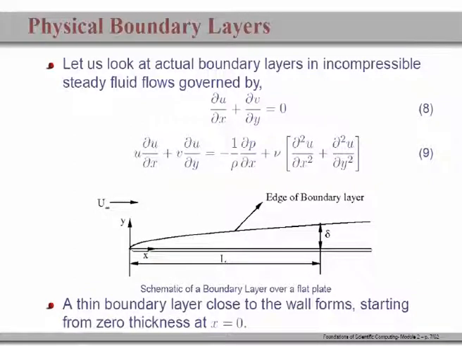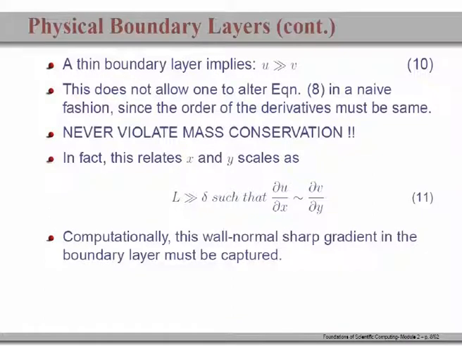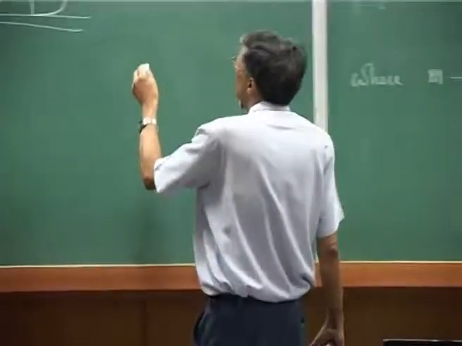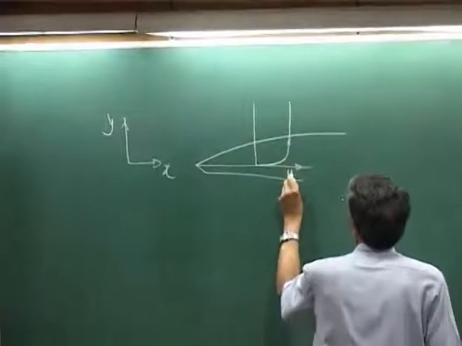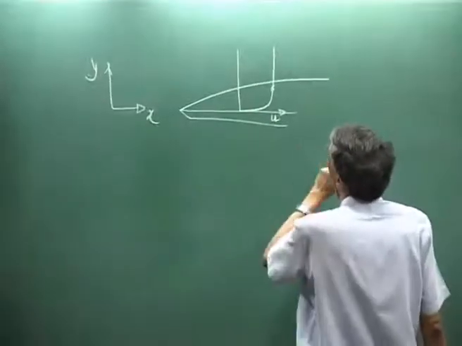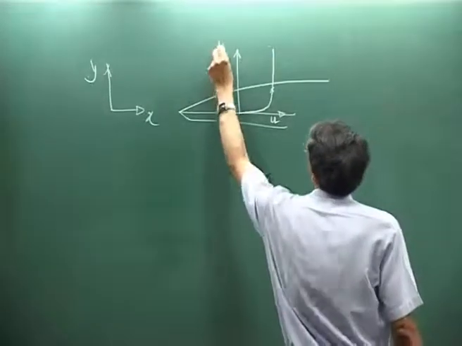Let us look at what happens to a simple flow like this. We notice that a thin boundary layer is growing near the wall, which has zero thickness at the leading edge of the plate. The thinness of the boundary layer implies that if I plot u here, the x component of the velocity, and this is y, that is how it looks.